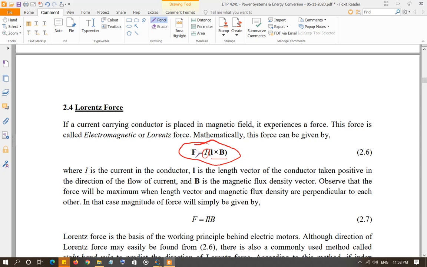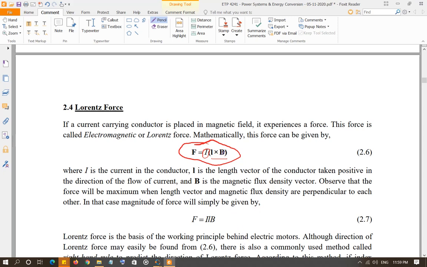The magnitude is the force acting on the coil, and the direction is perpendicular to the directions of both the length vector and the magnetic flux density. Remember, anytime you take the cross product between two vectors, the resulting vector always has a direction perpendicular to both the vectors that you perform the cross product on.